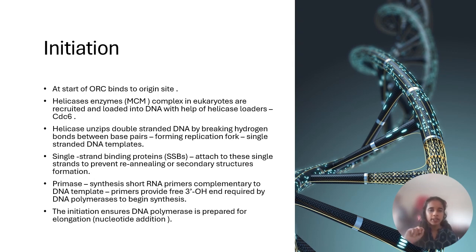DNA nucleotides can be added only at a free 3' hydroxyl end, so that initiation is provided. Primase synthesizes these short RNA primers, complementary to the DNA template, giving the free 3' hydroxyl needed by the DNA polymerase to start the synthesis.